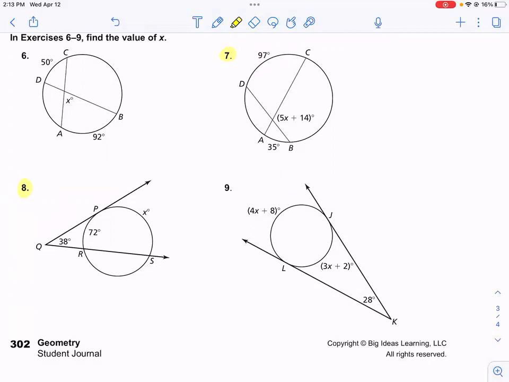Set it up. You don't have to do it in your head. What's 30?